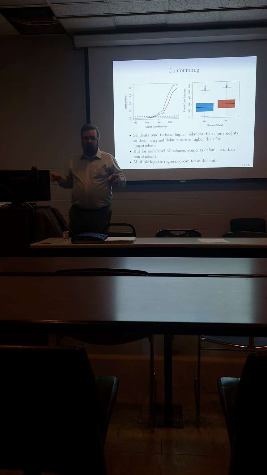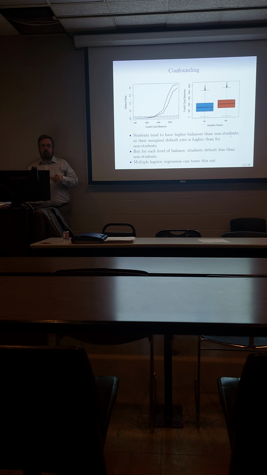So the multiple logistic regression will create higher accuracy classifications for likelihood of default in both students and non-students by treating them separately, by including this qualitative feature as a predictor, right?